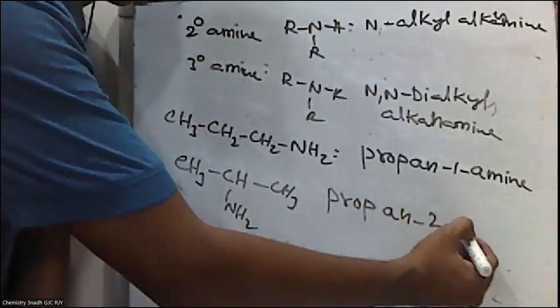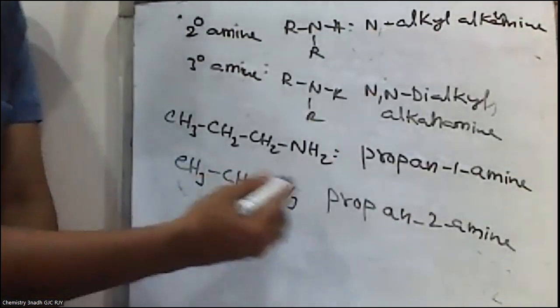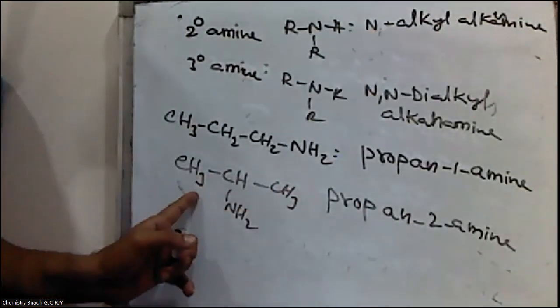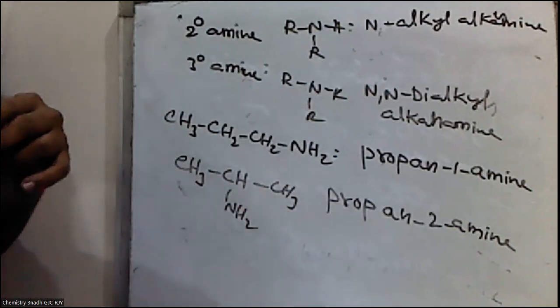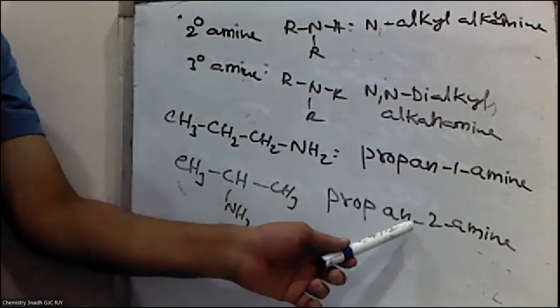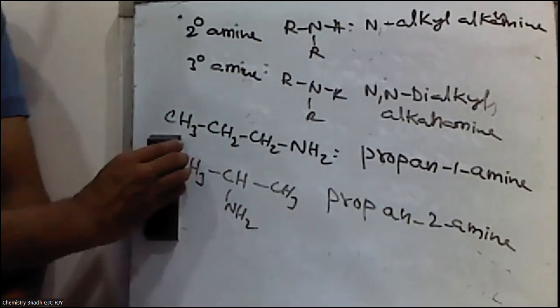Propane-2-amine, because 3 carbons are there. That's why prop, and the amino group is in the second position, saturated an, so it is propane-2-amine.